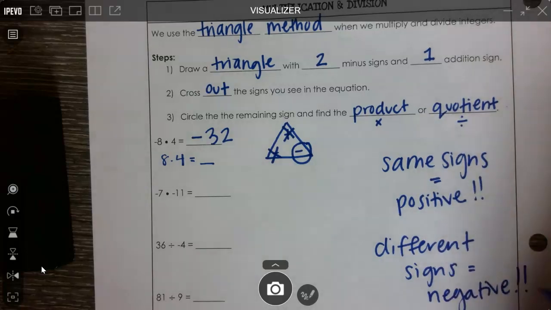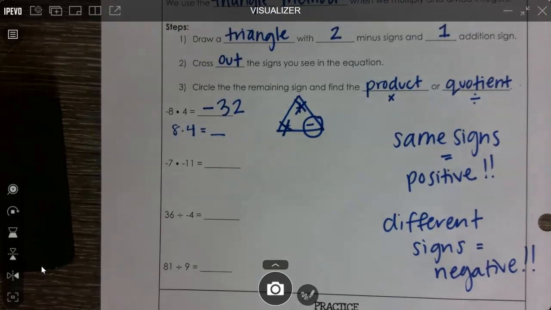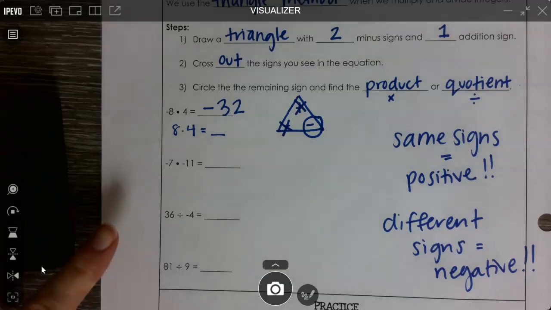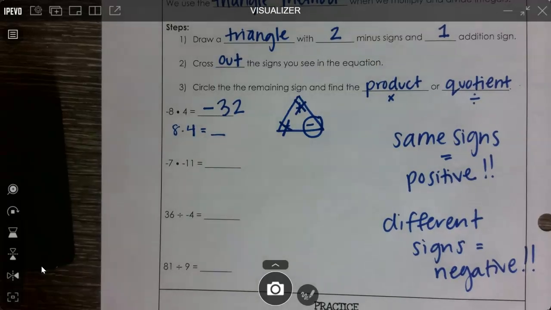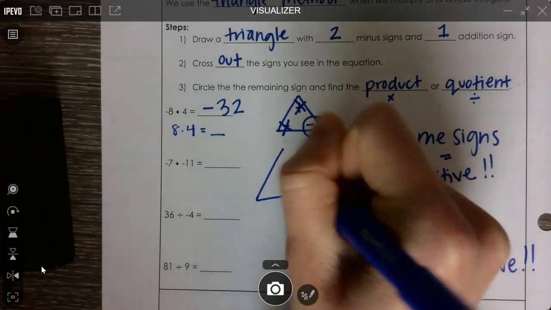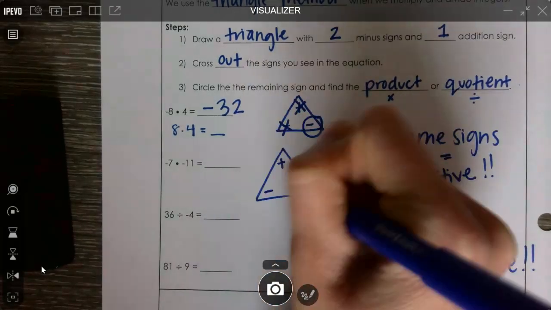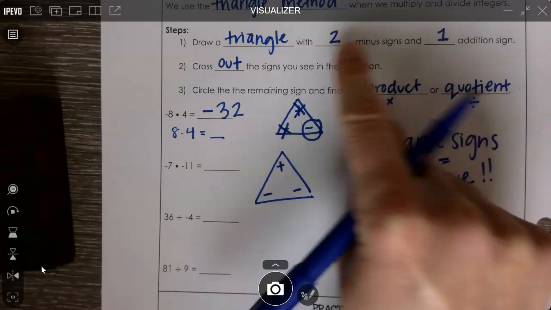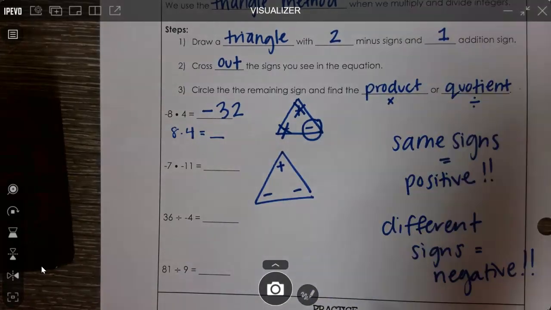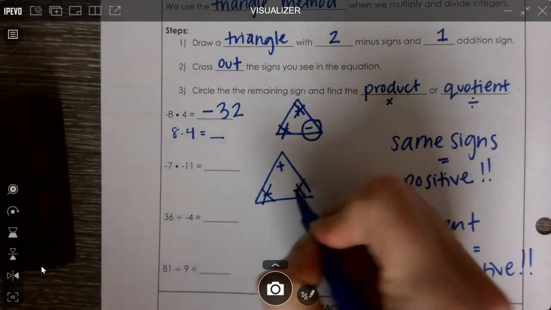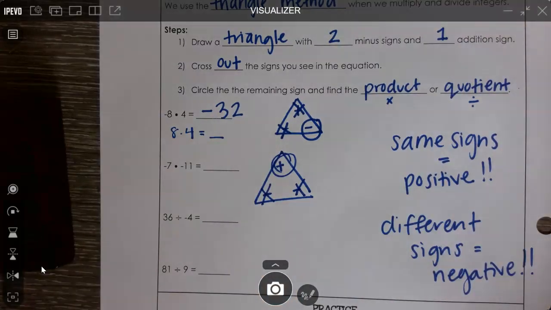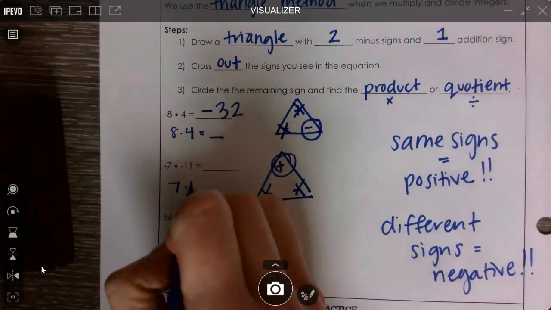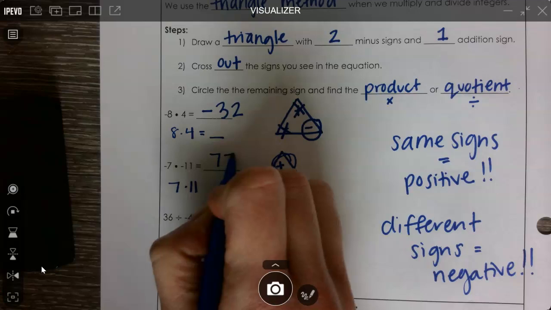That's something else you could add to your notes. All right, so look at this, same signs. I'm pretty sure it's going to be a positive answer, but if I'm following my triangle method, positive, negative, negative, I need 2 negatives, 1 positive. All right, I see 2 negatives, cross out, cross out. My answer has to be positive. Now I just think, what's 7 times 11? 77.